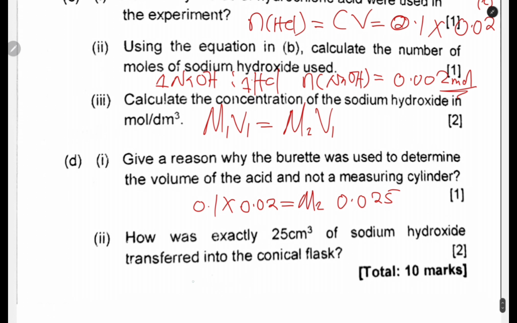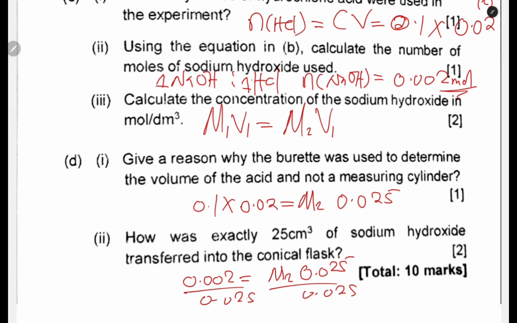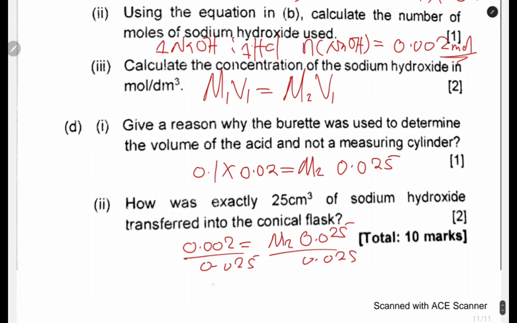Then we find the answer now. This side we found it at 0.002. So 0.002 is equal to M2 times 0.025. So we divide 0.002 by 0.025 to find M2, the concentration 2.